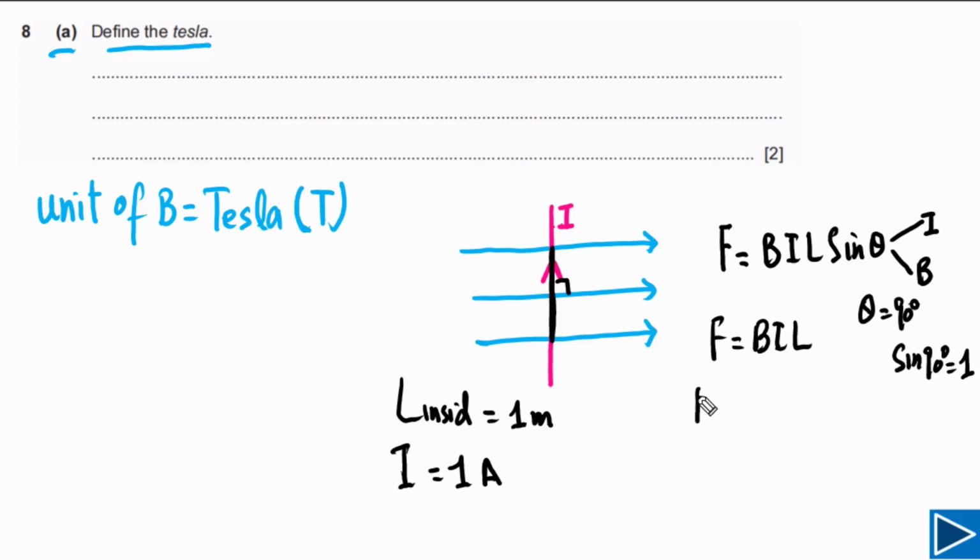Now we need to define B, so we can rearrange this: B is equal to F over I times L.